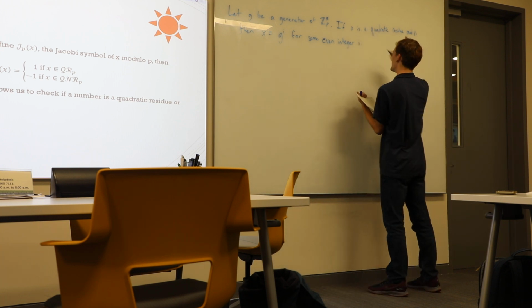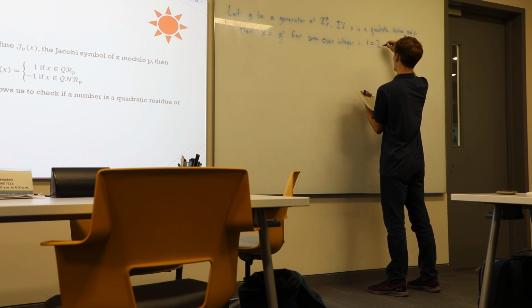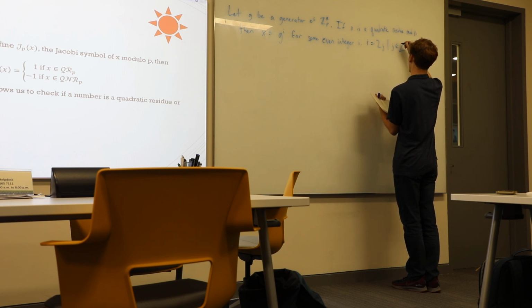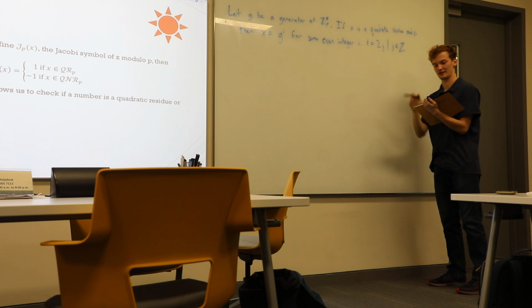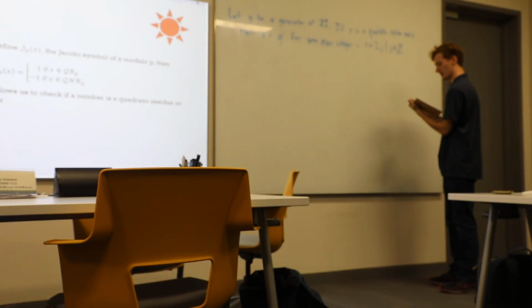Since I is even, that means that I can be written as 2 times j, where j is an integer. So this Z just means it's a number that can be positive or negative or 0.